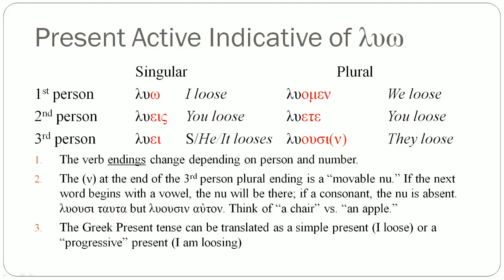It's just luusi. So I have here an example, luusi tauta. What follows that is a tau, a word that begins with a tau, and so there's no nu. Luusi tauta. But if what follows is a vowel or diphthong, like auton, then you would say luusin auton.